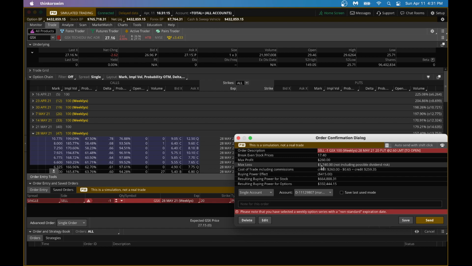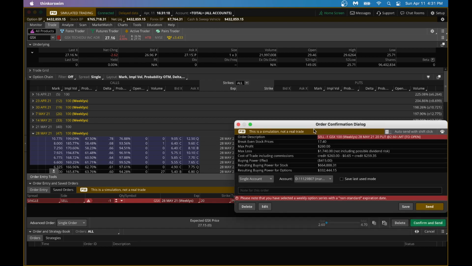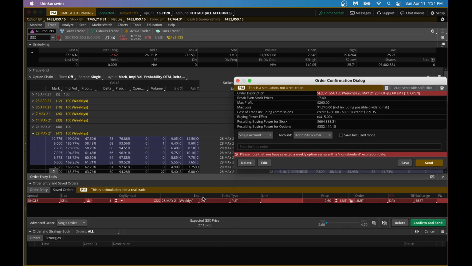Your max loss is 1740, which considers that you buy the stock outright at $20 if you get assigned, while you're already collecting 260. The difference is the maximum risk. So if you're comfortable with this, you could sell the put option outright for GSX. If the stock falls below 20, you'd buy the stock at 20 and pay $2,000. You already collected 260, so you'd be paying 1740.